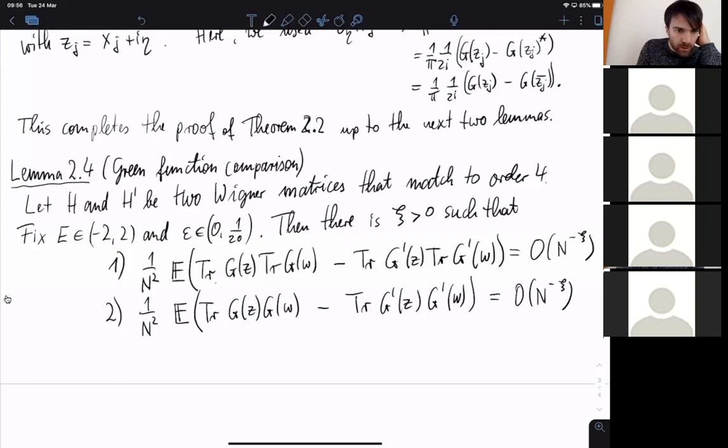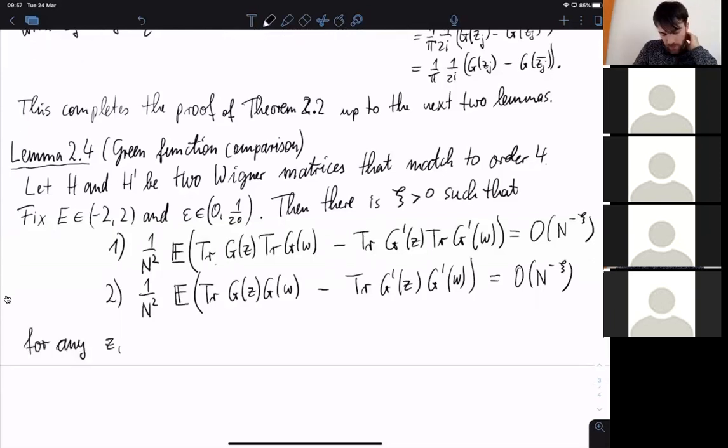For any, now the spectral parameters are just complex, and they satisfy the following conditions. Imaginary part of z, absolute value. So now the imaginary part can also be negative in contrast to the local law.